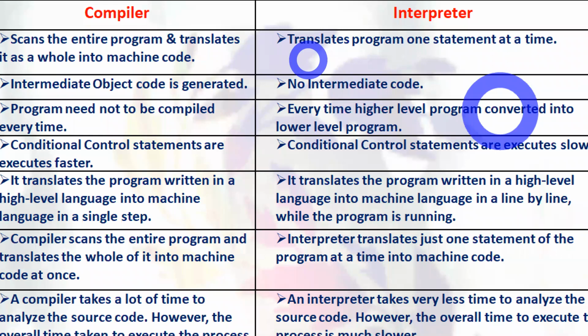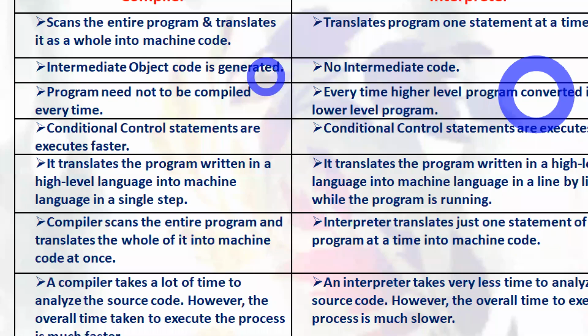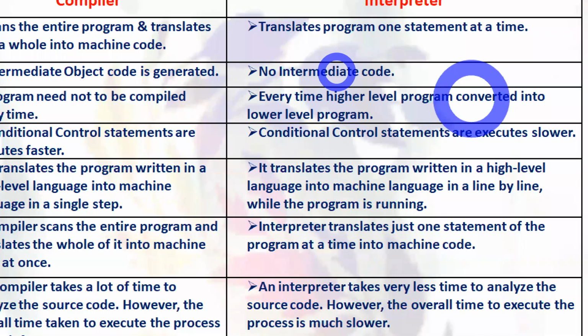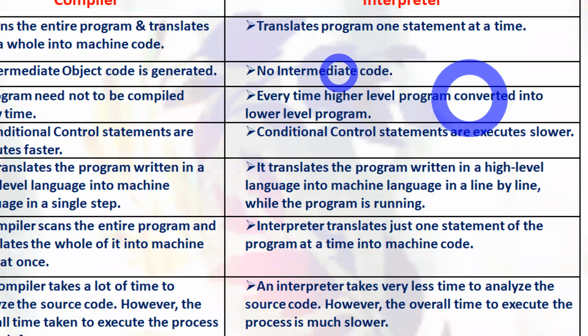The compiler generates intermediate code called object code or assembly code based on the particular programming language. But in an interpreter there is no such intermediary code, no object code, no specific assembly code. The interpreter never generates such code. It only executes code directly, line by line.